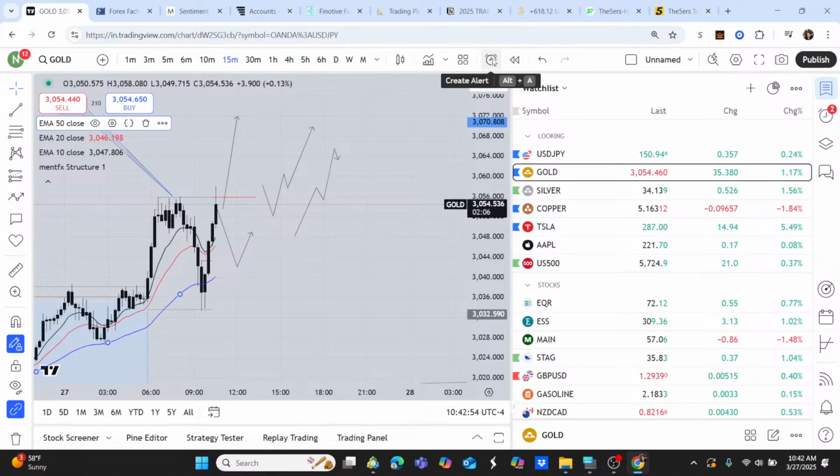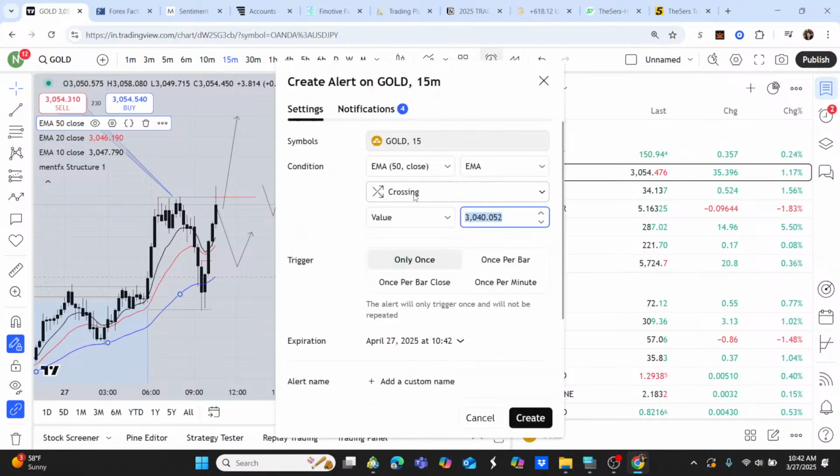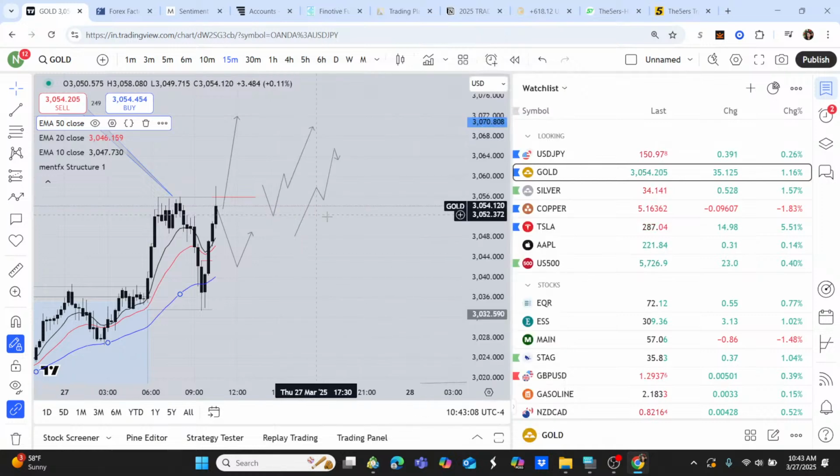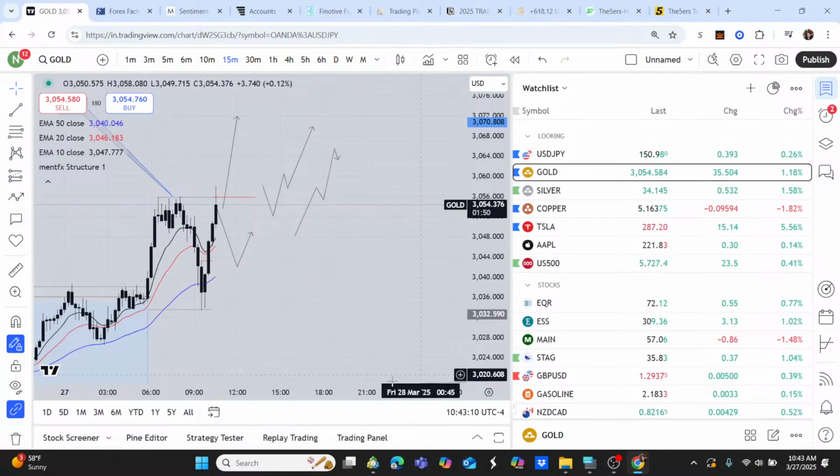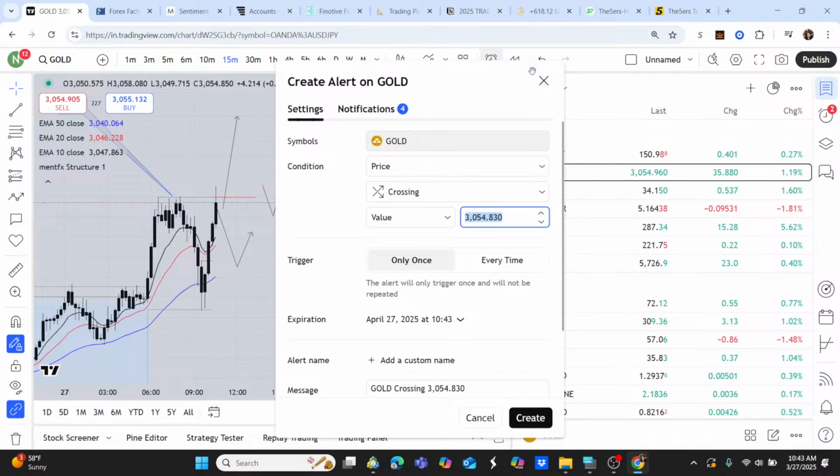I'll keep an alert right there. So I got an alert right there. Is it set up? Usually it has.